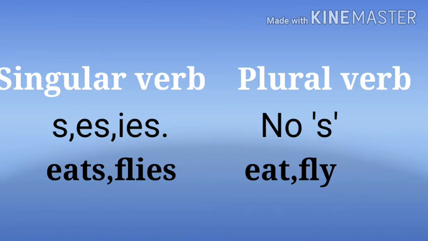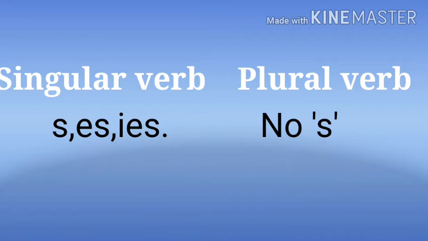At the end of the word we have an s. For example, eats, drinks. Then what do you mean by plural verb? It's also called the base form of the verb. That means it's an action word which doesn't have an s at the end of the word. For example, eat, drink.